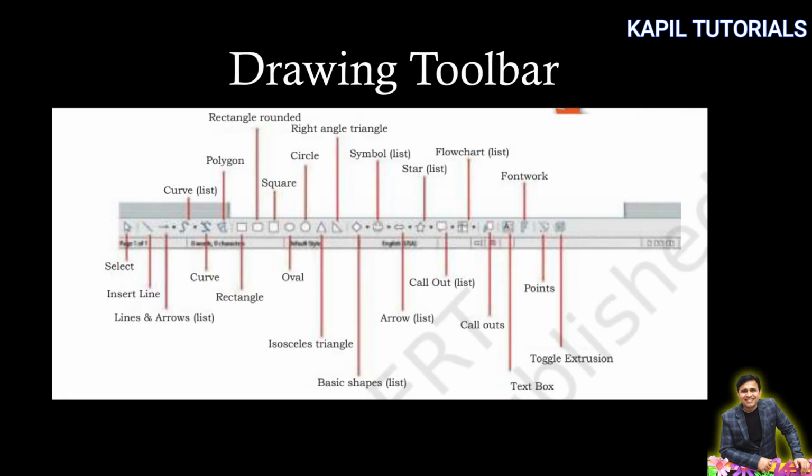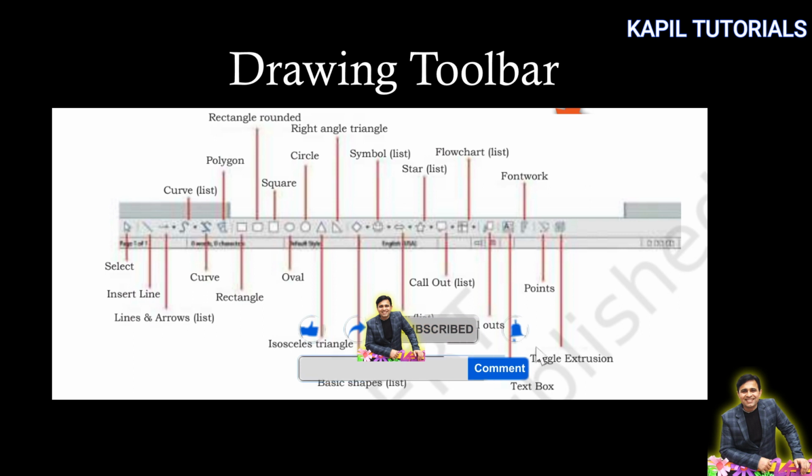So dear students, as I was explaining about drawing toolbar, this is the image of drawing toolbar which I have taken from CBSE notes. So now I'll be explaining about all the main tools which are shown here. So now directly I'll be taking you towards the interface of LibreOffice Writer.